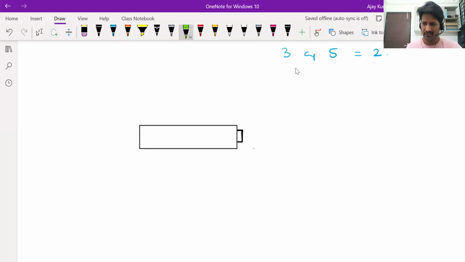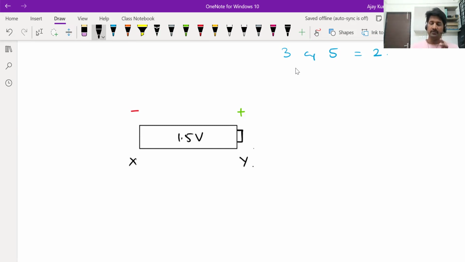Single battery 1.5. We use two batteries to make it 3 volt. Okay. Anyway, the button part is the positive side. The button side is the positive side. The opposite side is the negative side, negative terminal of the battery. Let's say this is a 1.5 volt battery. Let's call this point as X and this point as Y.